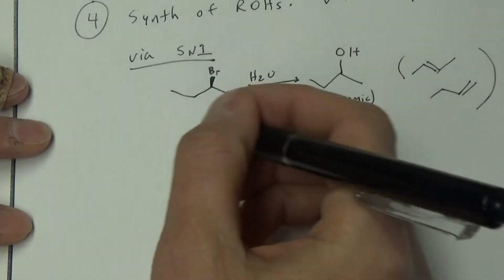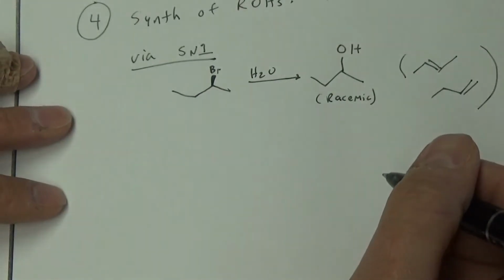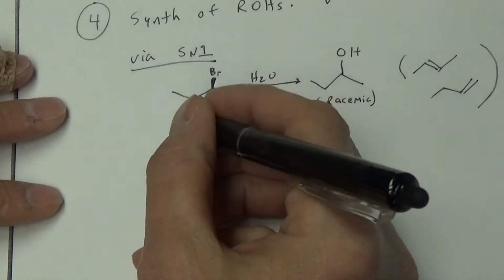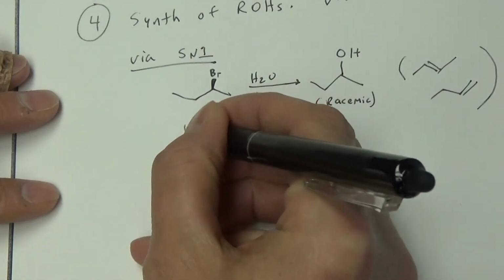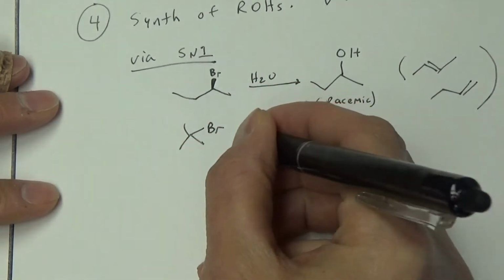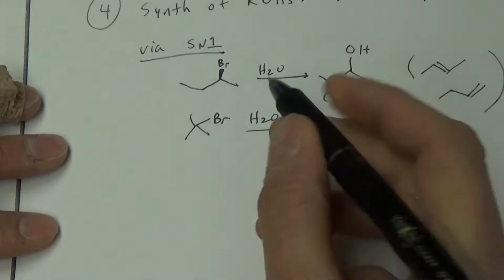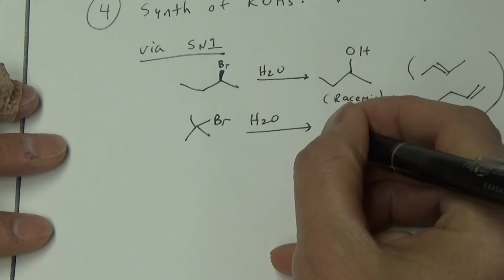So what other ways do we know how to make alcohols from a bromide using SN1 chemistry? Of course, you can do it from a tertiary, the same way. So secondaries and tertiaries work.